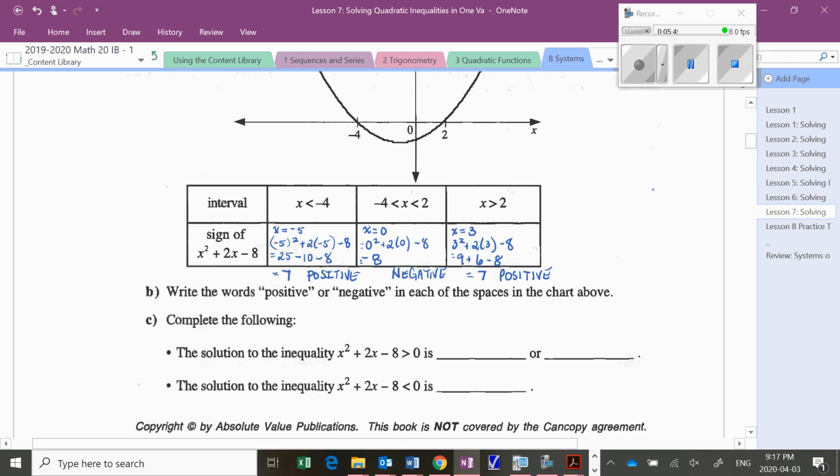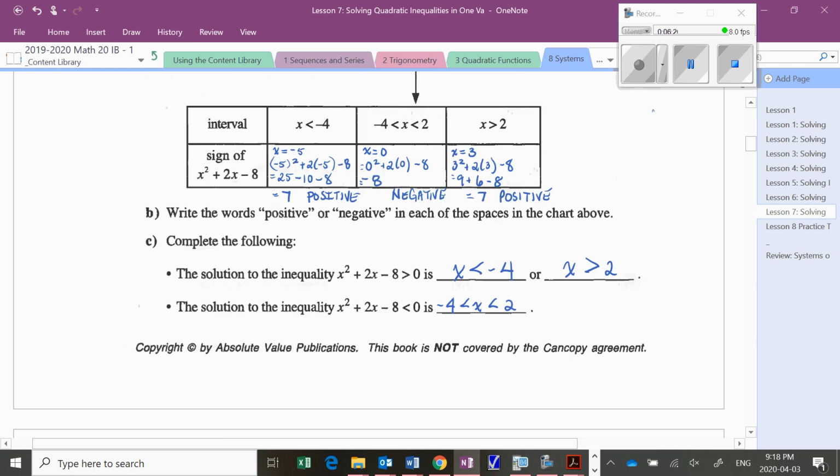So if we want the solution to the inequality where this is greater than 0, meaning we want positive values, that happens when we chose values that were less than -4, and it also happened when we chose a value that was greater than 2. The solution to the inequality when the function was less than 0, when it was negative, was when x was greater than -4 and less than 2.